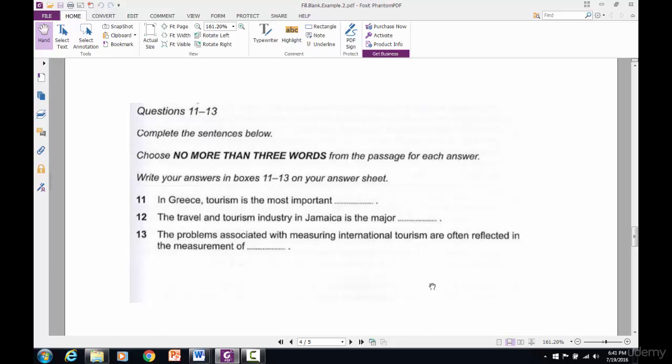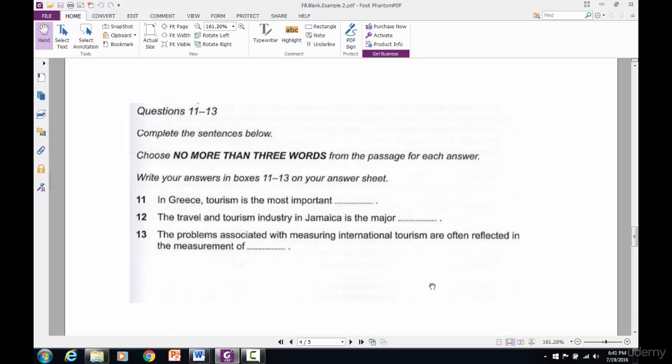Clearly, numbers 11 and 12 are going to be the fastest to do first because of the words Greece and Jamaica. Those words are going to be very easy to find in the reading passage. Once we find those words in a sentence, for number 11, we're looking for the answer that's connected to most important. When we find the sentence with Jamaica, we're looking for the words connected to the word major.